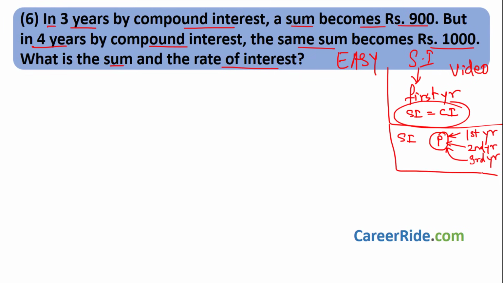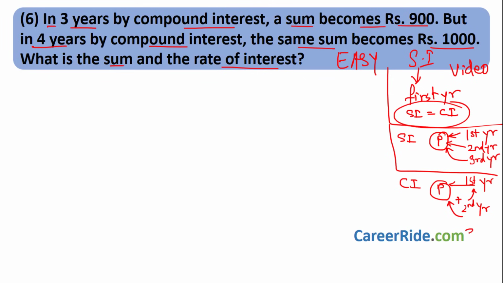Now take a look at what we do in compound interest. We have amount or principal P. After the first year you will get the compound interest which is calculated on principal P. After the second year you will get the interest which is calculated on principal P plus the first year interest.